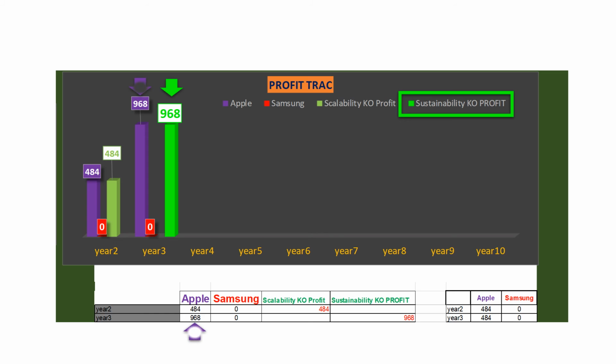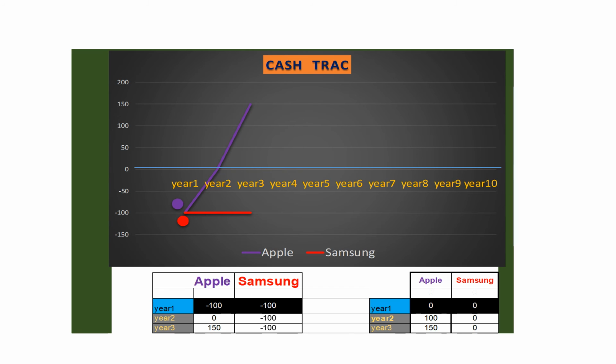And you can see here on our graph that Apple has managed to achieve that level of profitability. And here in our business graph, you can see that Apple has achieved that level in 3 years versus the possibility of 6 years. So that's quite an incredible achievement. And Samsung continued to perform poorly.